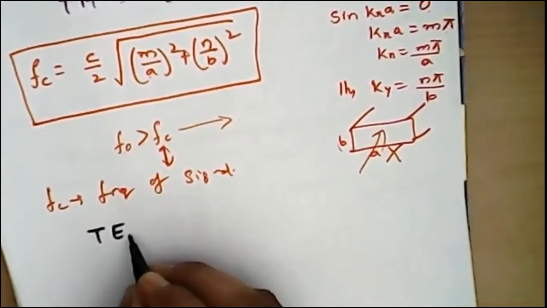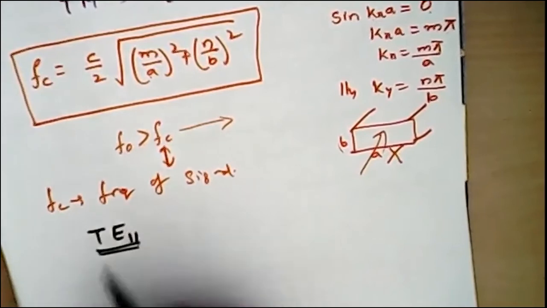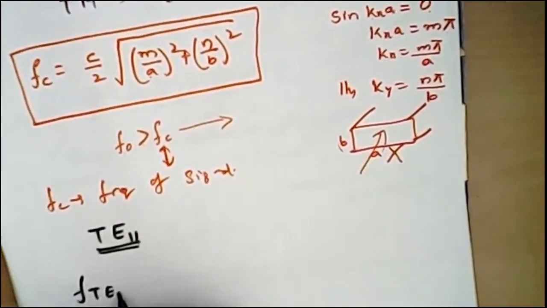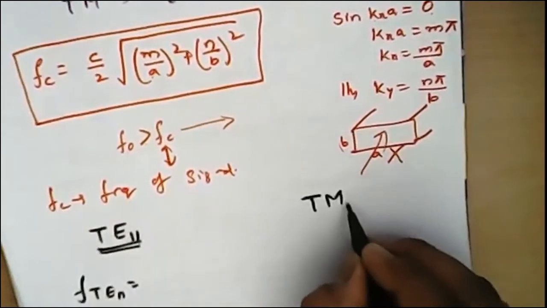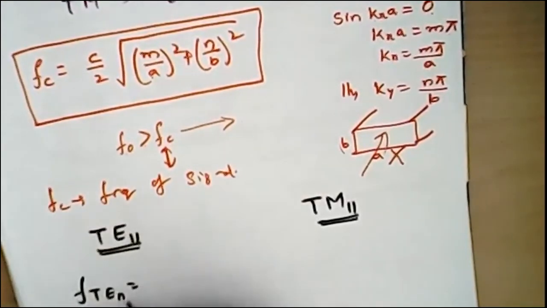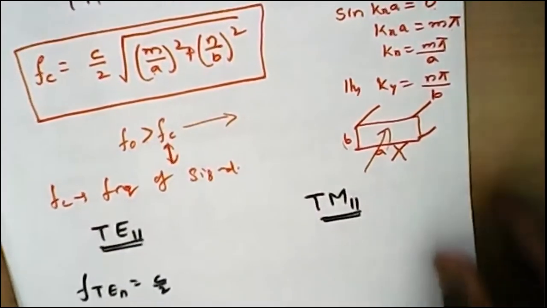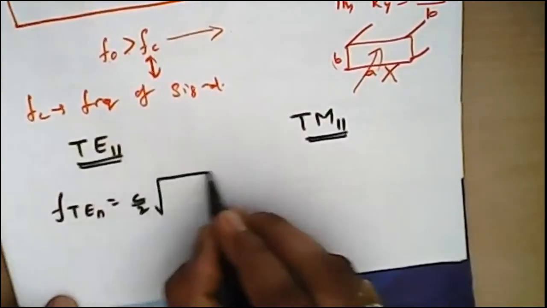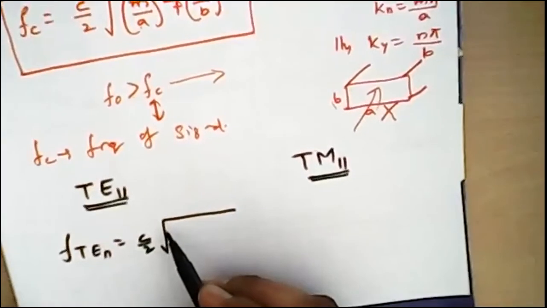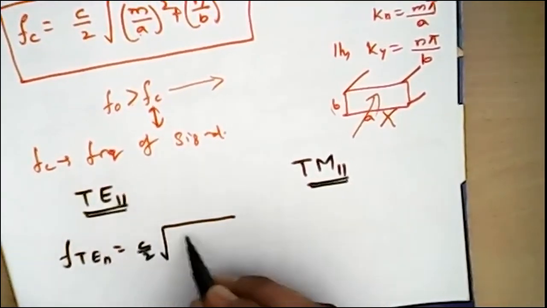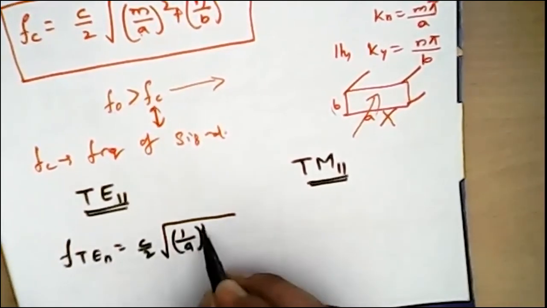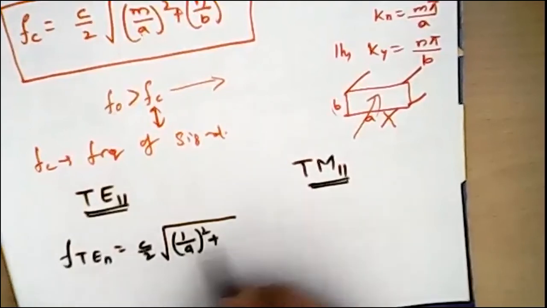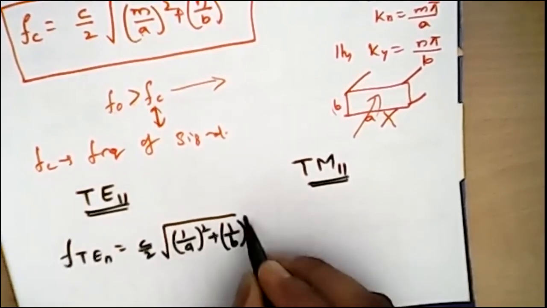If we take the TE11 mode, we substitute in the expression c by 2 into the square root of, in the place of m, 1 by a whole square, plus in the place of n, also 1, 1 by b whole square.